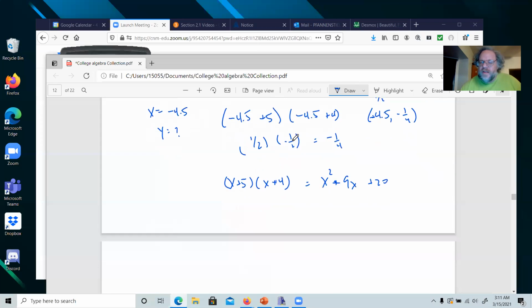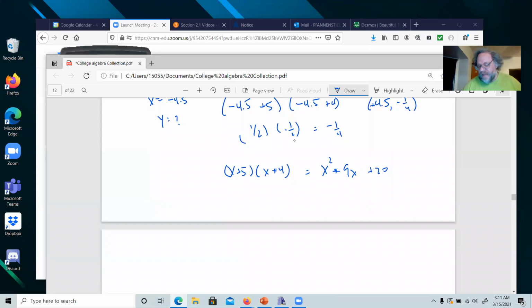Okay, so if I want to know my x value for my vertex, x equals negative b over 2a. Negative 9 over 2 times 1. That's equal to negative 9/2, or negative 4.5.